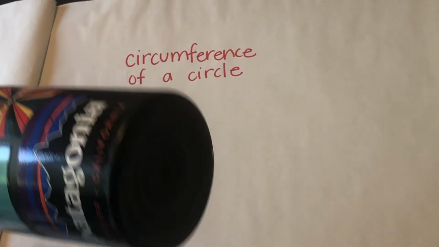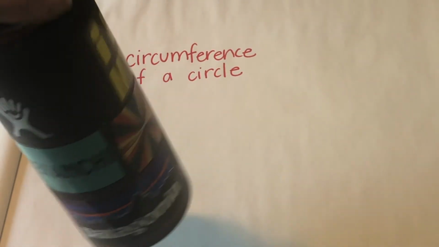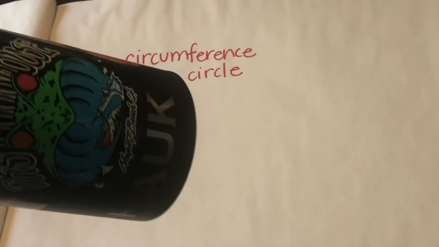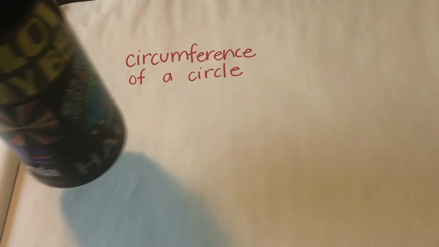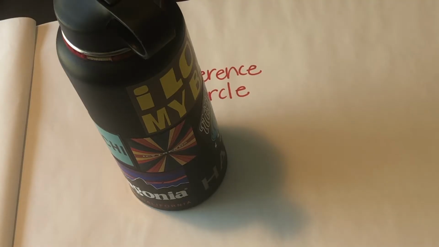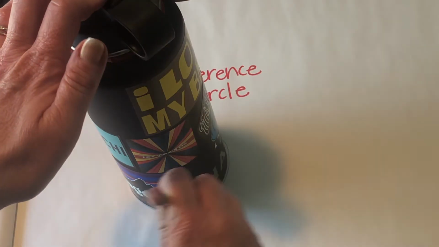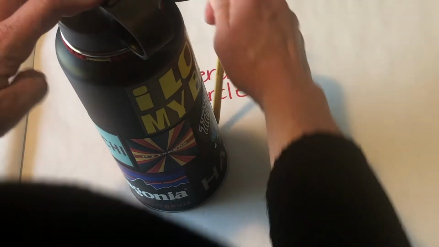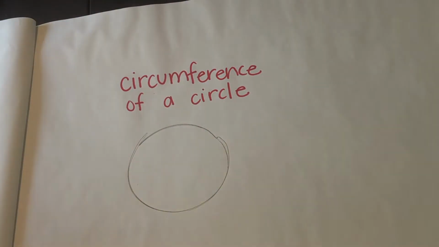I'm going to take another circular object, this time it's a water bottle, my son's water bottle, and use it to trace a circle onto this paper. So I get a pretty choppy circle, but a circle on the paper like that.